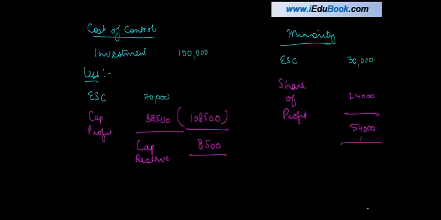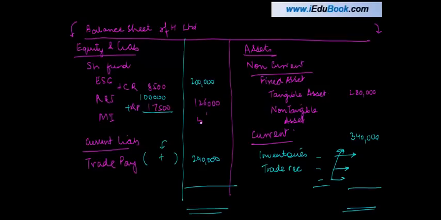Minority interest was how much? 54,000, right? Anything else? No. 340 plus 180 gives 5,20,000. 5,20,000. And that is the balance sheet of H Limited for closing purposes.